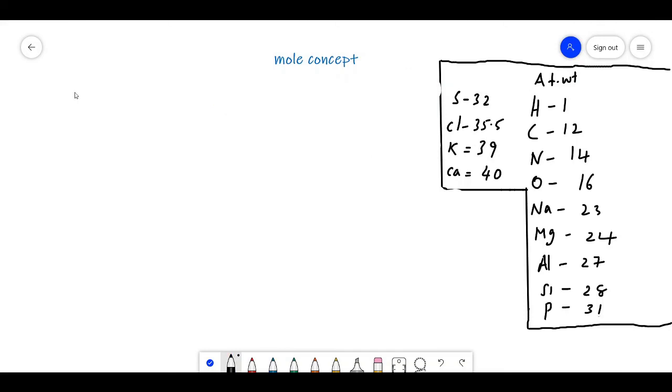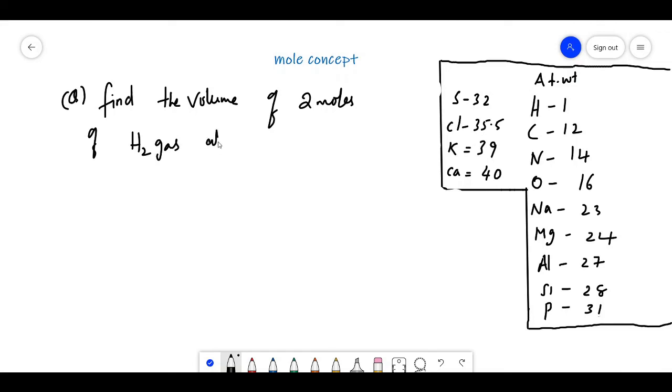Now let us see mole compared with volume. So this is the question, find the volume of 2 moles of H2 gas at STP. So whenever in the question it is given as moles, you can directly take moles and compare with the volume.